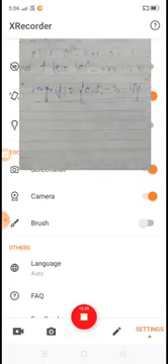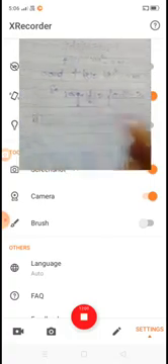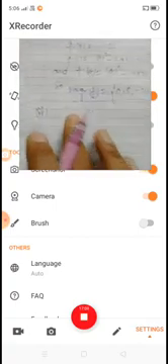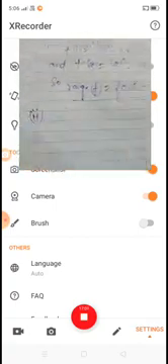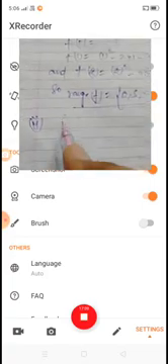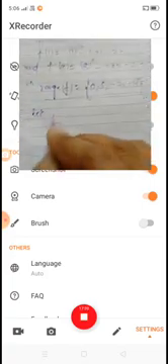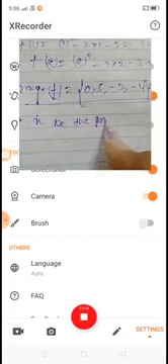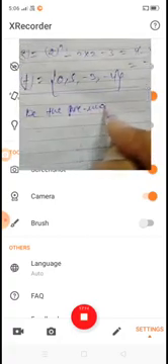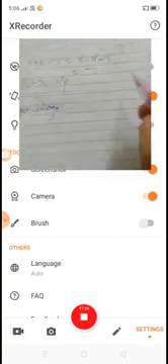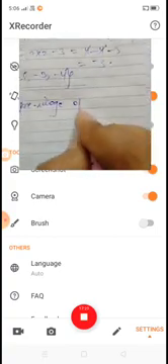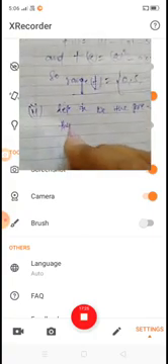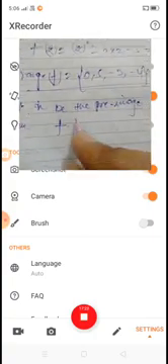Okay, second one: we have to find the pre-images of 6, minus 3 and 5. Let x be the pre-image of 6. Then f of x is equal to 6.